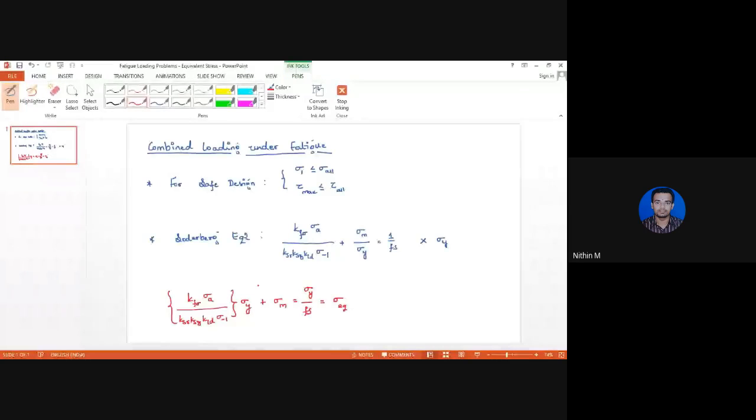That is the idea. Now, what I have stated is valid if the component is subjected to normal stress. Now, the direct axial stress is there, the equation that is present here is valid. Let us call this as equation 1. The equation 1 is valid when the component is subjected to either axial force or bending force. Now, what will happen if the component is subjected to shear force?